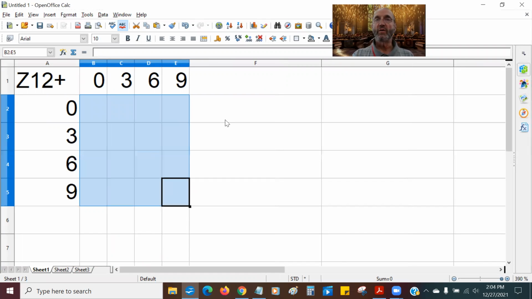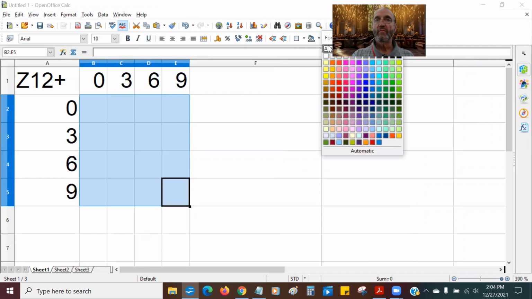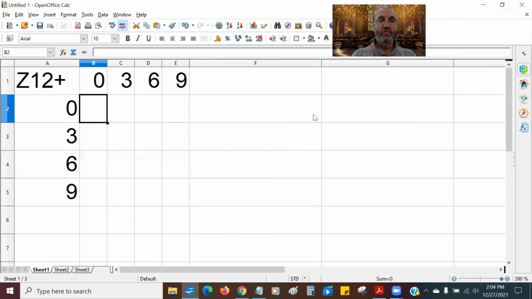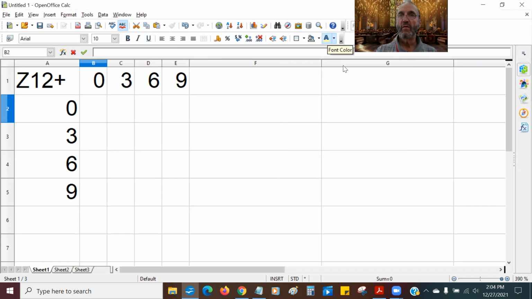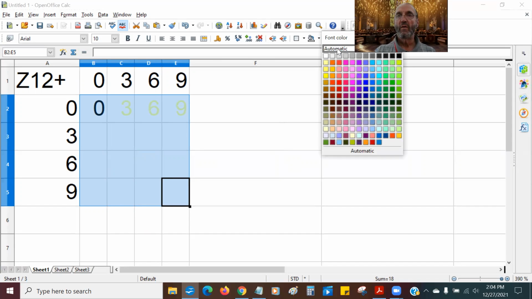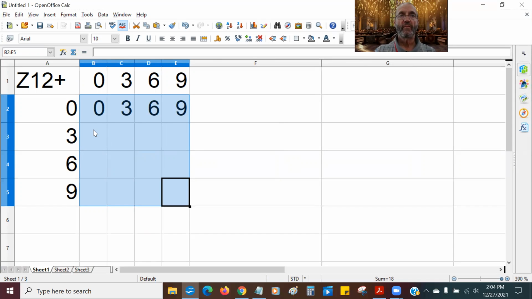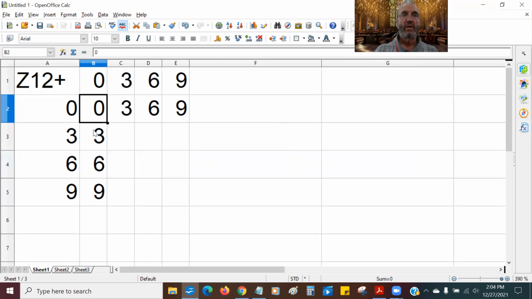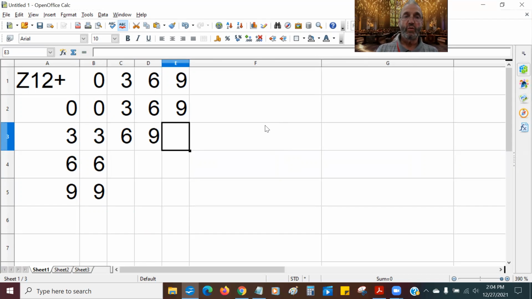Our operation here is addition. Now 3 plus 3 is 6. 3 plus 6 is 9. 3 plus 9 is 12, which is the same thing as 0.